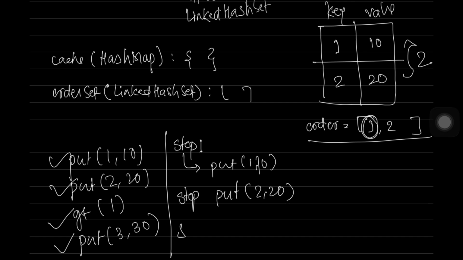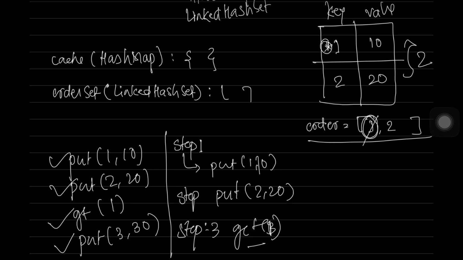In step 3, get 1. When we go to the cache, we find the key. So we recently accessed this key, and we need to refresh its position in the order set.